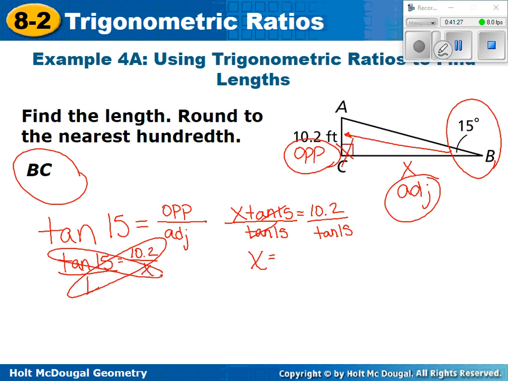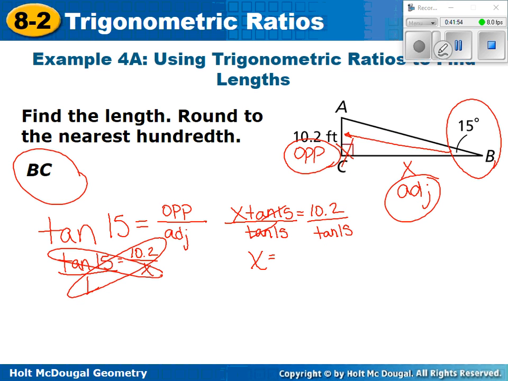So all I did different, Ruben, was on this one, I typed it in starting with our 10.2 divided by, which is exactly what we did on the calculator. But on the iPhone, you have to type in the angle before the trig function. So I want to do divided by tangent 15. Instead, I'm going to have to do divided by 15 tangent. And then you have to hit enter, because you already typed in 10.2 divided by 15 tangent.